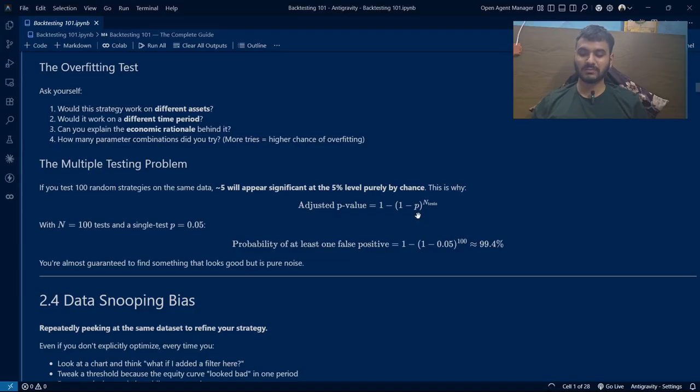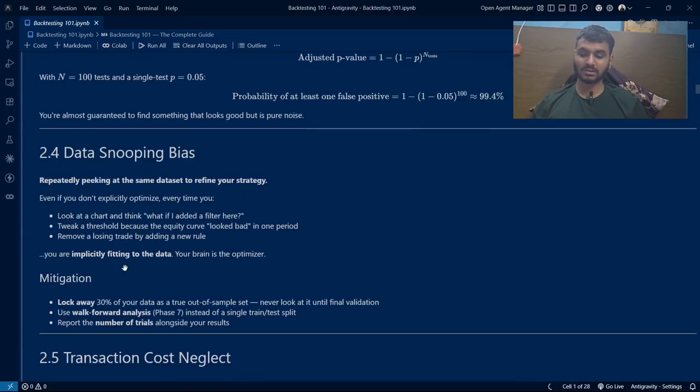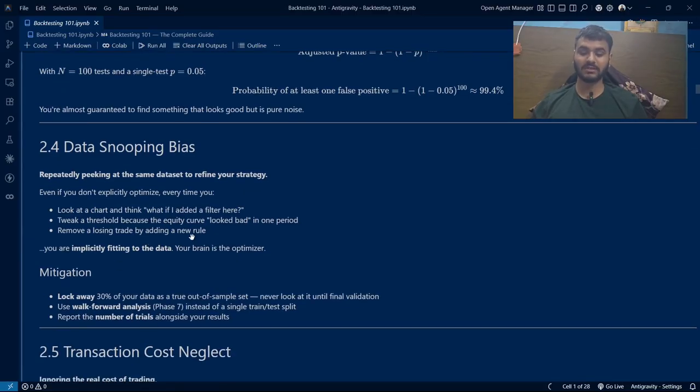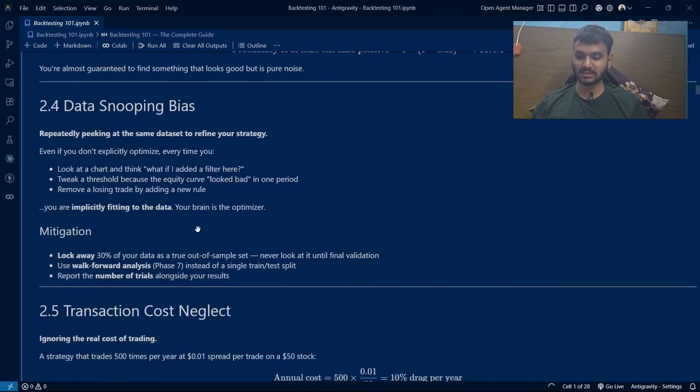Then data snooping: repeatedly peeking at the same data set to refine your strategy. Even if you don't explicitly optimize, every time you look at a chart and think, what if I added a filter here? What if I had a position here? Tweaking a threshold because the equity curve looked bad in one period, removing a losing trade by adding a new rule. You are overfitting to data. Your brain is the optimizer.